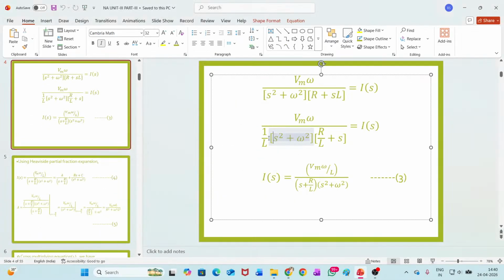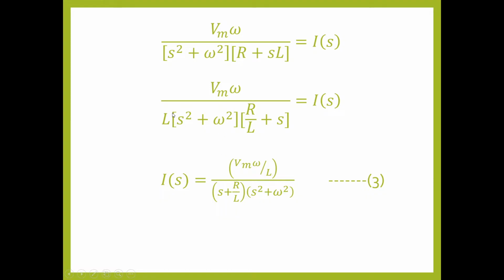I took L common, so I must write L, not 1 by L. Take L common, you will get s plus R by L. Sending L to the numerator means it is in the denominator only, but we are writing it that way.